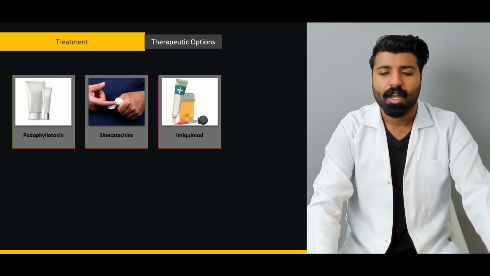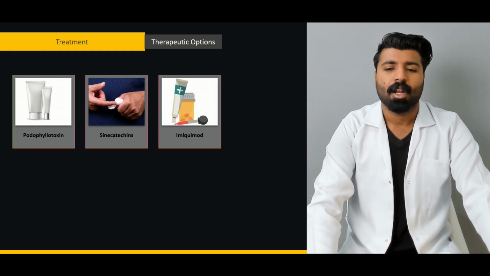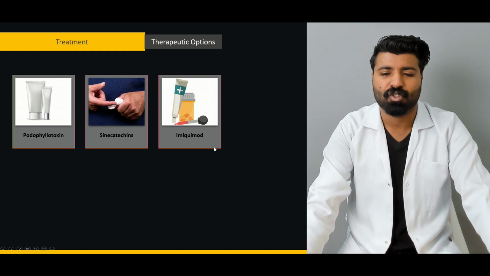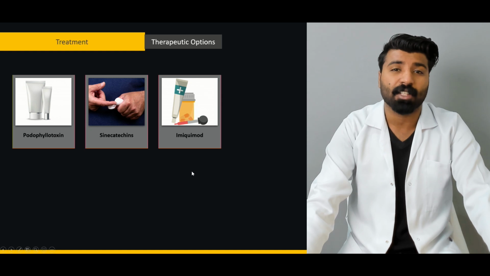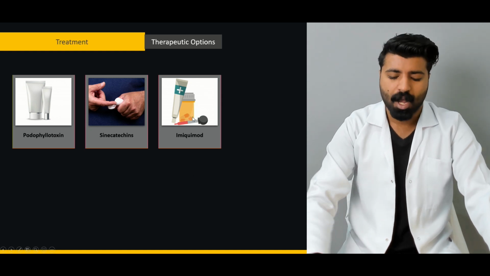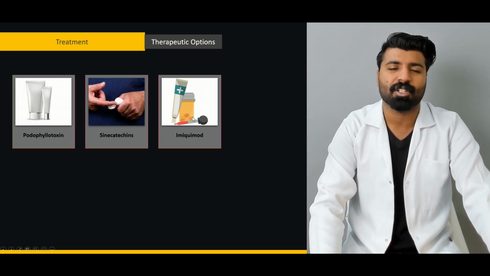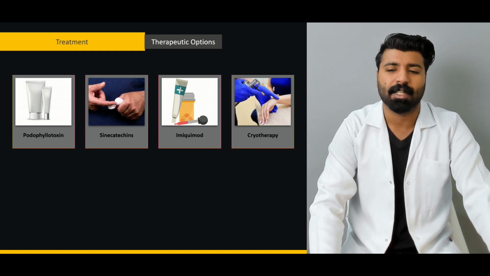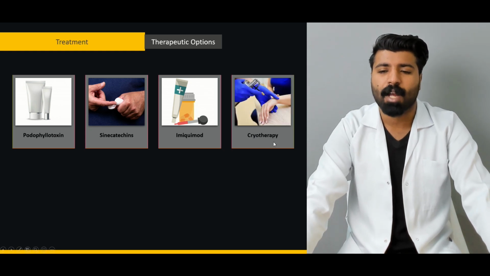Next on, we have imiquimod, right? Now, imiquimod is given in the form of these drops, in the form of the tube. They are also very helpful in treating the warts. They're also very helpful in treating other skin manifestations like keratosis or keratotic lesions. Next on, we have cryotherapy.